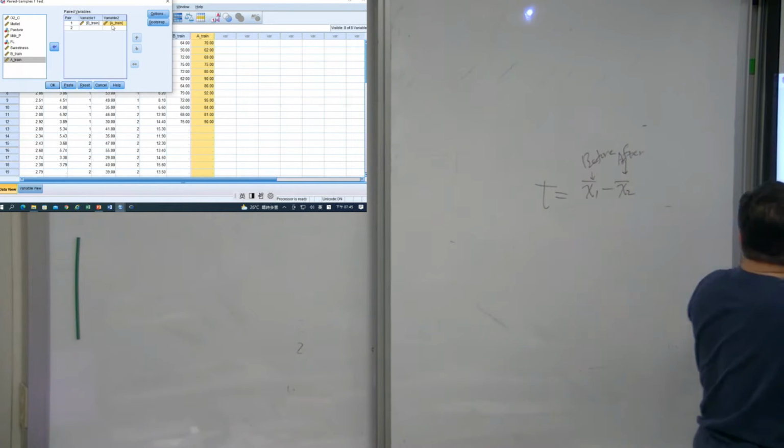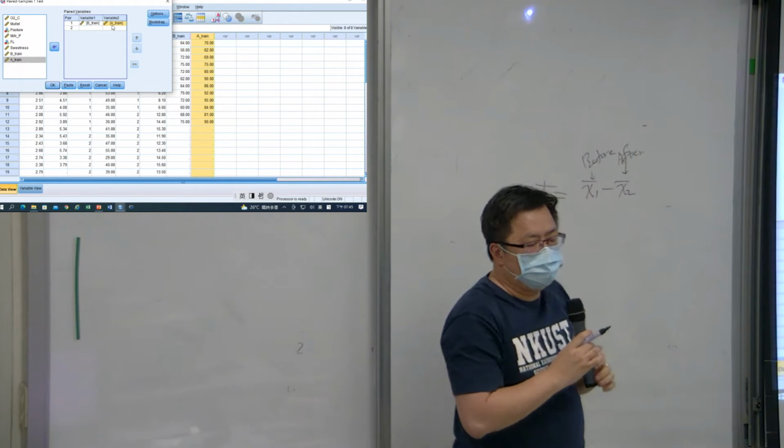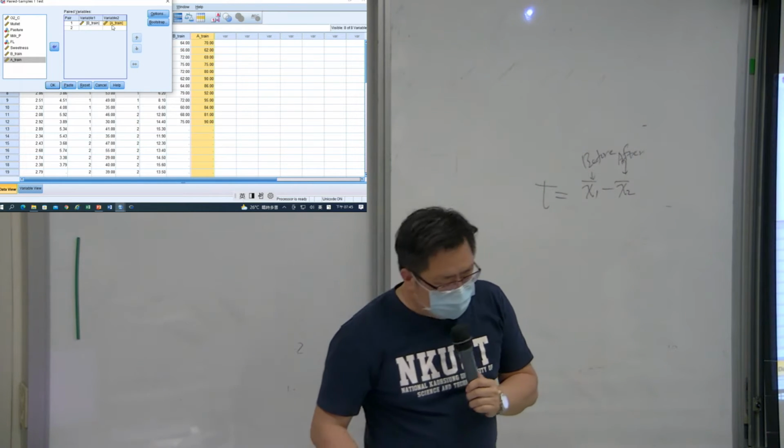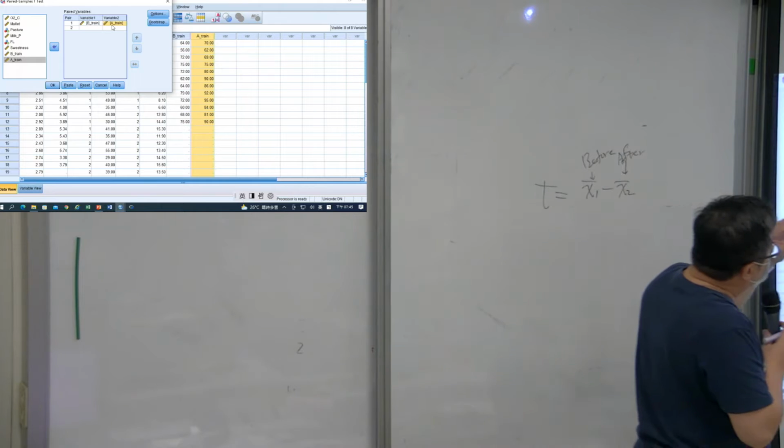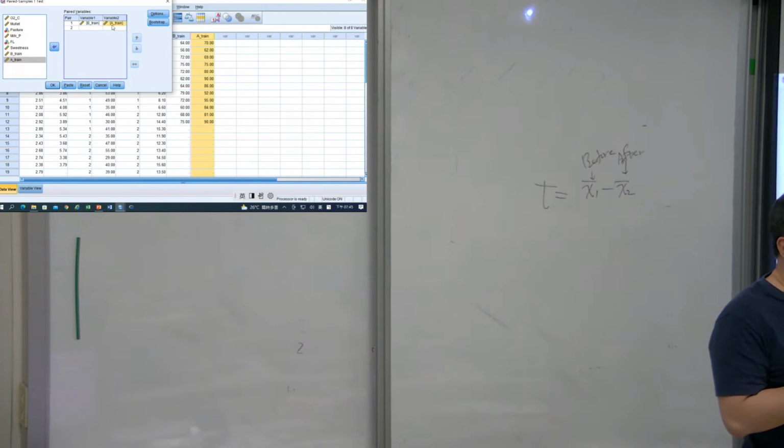If you swap the two variables, the result changes. If your English improves, you can imagine the t value will be negative. Why?